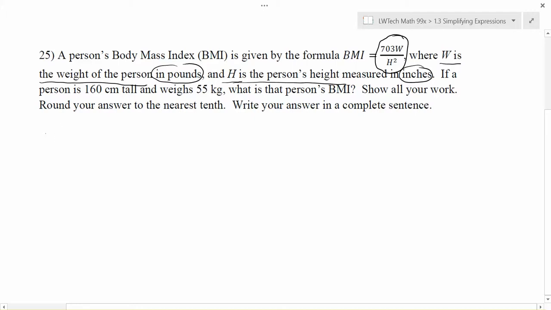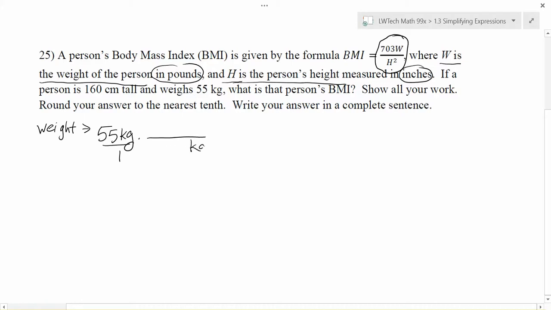Let's do a little review and try this with our dimensional analysis process. To figure out W, the person's weight, we want it in pounds. Right now that person weighs 55 kilograms, and we'd like to change that to pounds. So we think of that as 55 over 1.